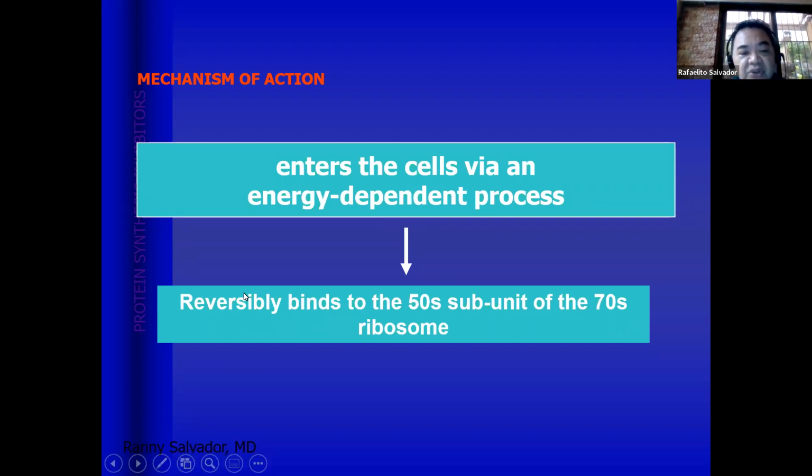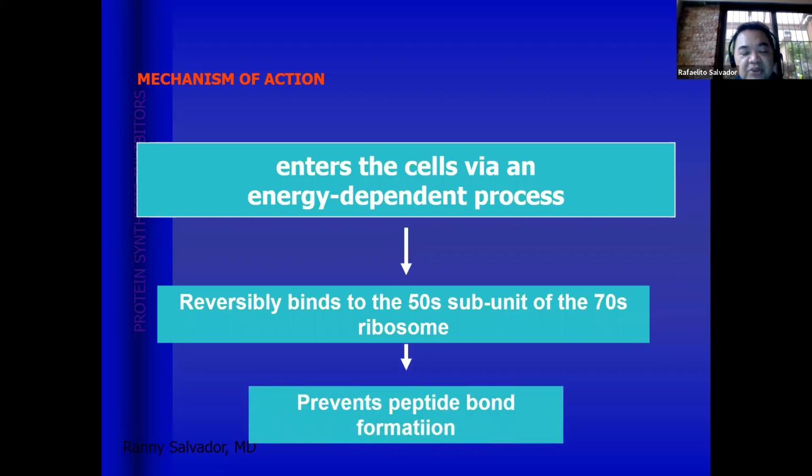If the term by itself is reversible, it is bacteriostatic as a rule. But if you read the textbook, there are many exceptions, so you have to read your textbook. There are some antibiotics that act as bactericidal to some bacteria. So this one prevents peptide bond formation.